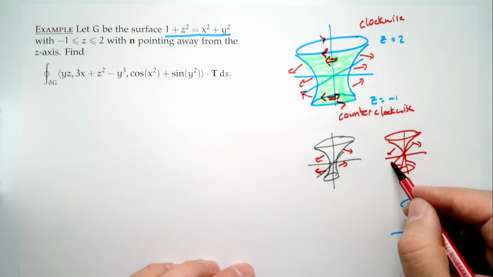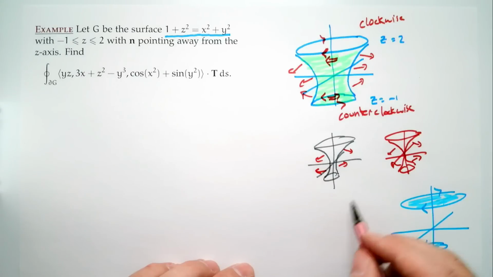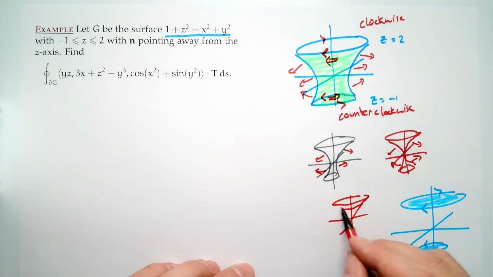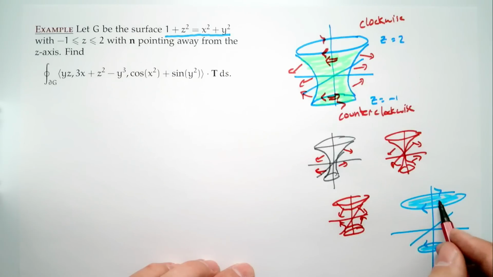So I still have my orientation for my surface, and now I keep separating, and here I'll see that I'll have my arrows pointing downstairs. After I separate, I'll have my arrows pointing up until I deform it all the way down, and I'll see that at the end I'll have orientation down on the top part, orientation up for the bottom part.